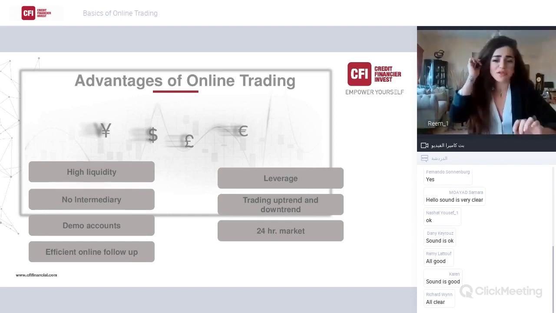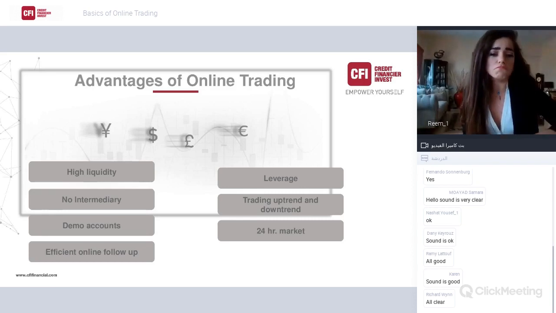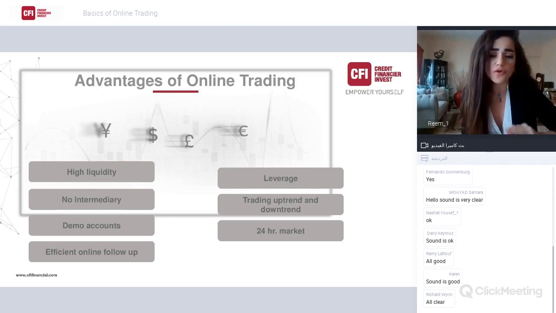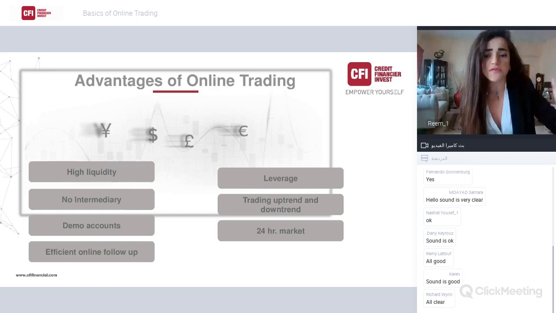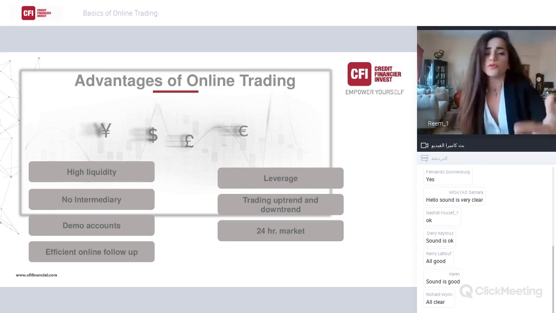Unlike stocks, let's say if you're holding a stock in the European market, or in the US market like Facebook or any other stock, first of all, you need to wait for the market to open, because stocks operate when the US market is open. So you cannot trade any time of the day. You have to wait for the session to open. And two, you cannot always find someone who's selling or buying.